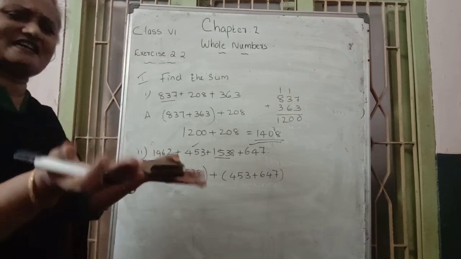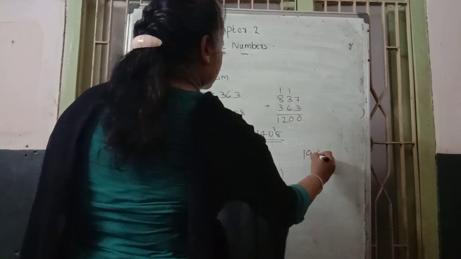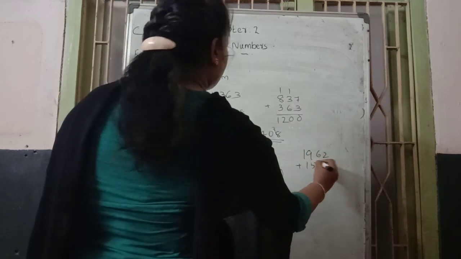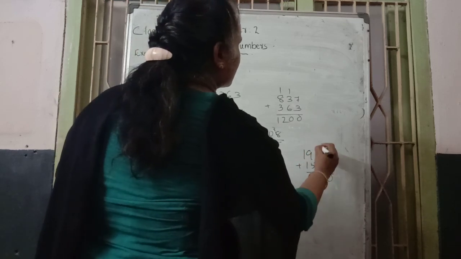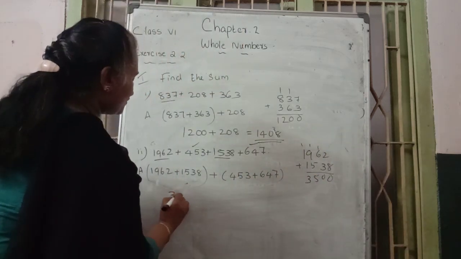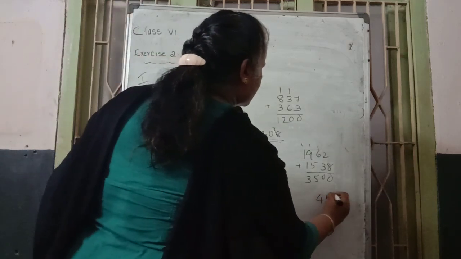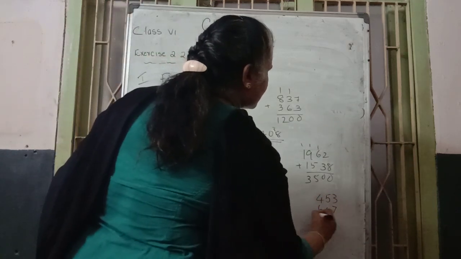So they ask any way you can rearrange. So these two numbers adding how much? 1962 is added with 1538. Here how much is coming? 3500 we get, plus 453 is added with 647.